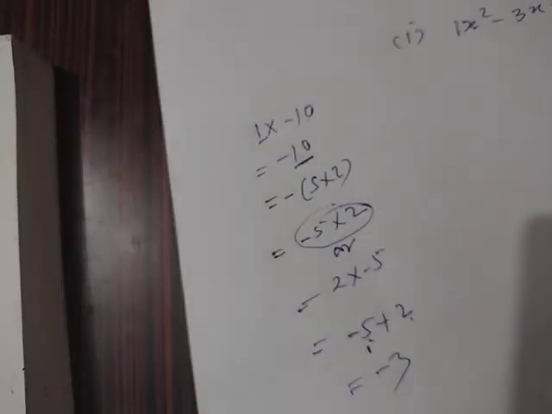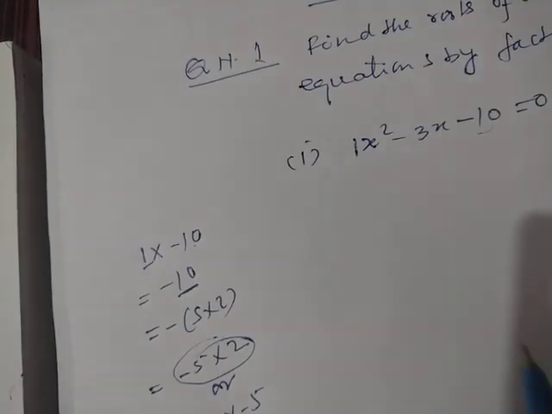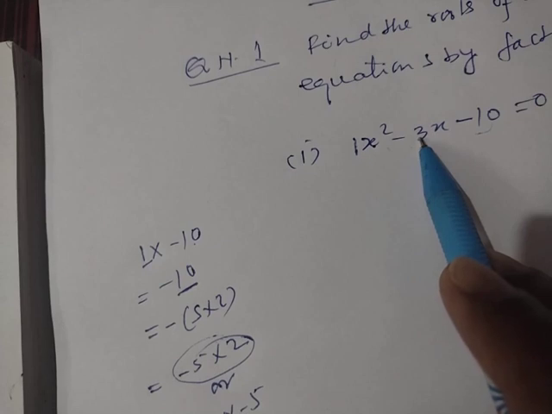So, you can write it minus 5 plus 2. Student, minus 5 plus 2 will give you what? Minus 3. Minus 5 plus 2 equal to minus 3, and this is the middle term. Okay, minus 3.